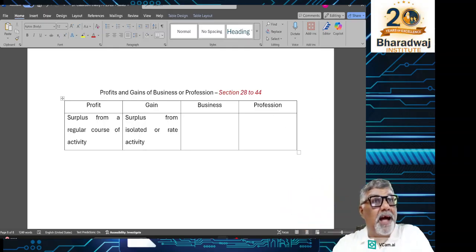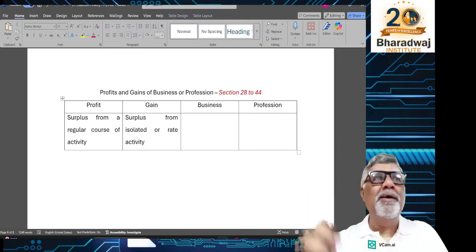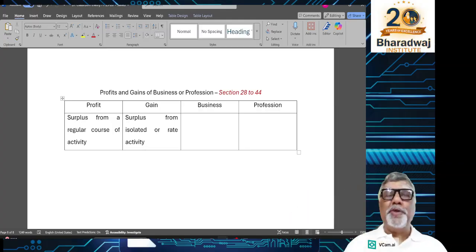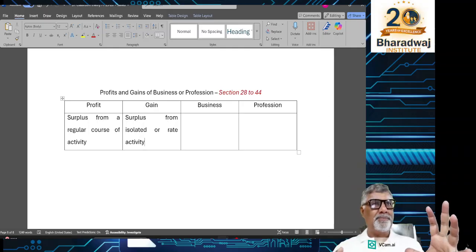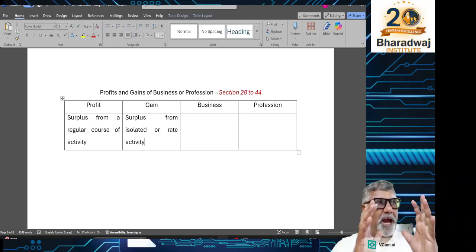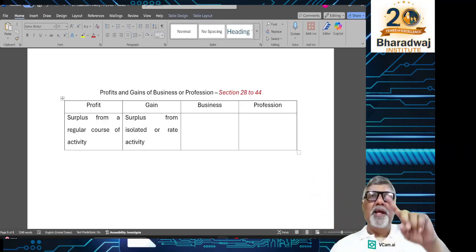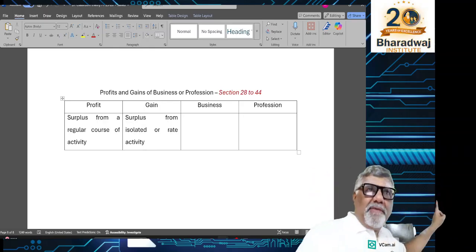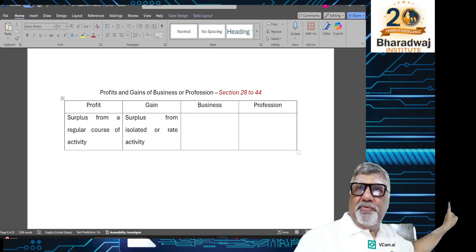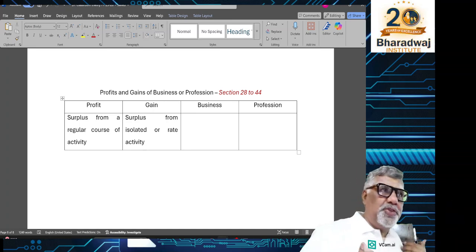If I sell an asset, I will get gain, because that I don't do day to day. But please remember, this chapter is going to tax some of the gains also. Even though you will feel, sir, we have a separate chapter called capital gain for that. Of course, no doubt about it.